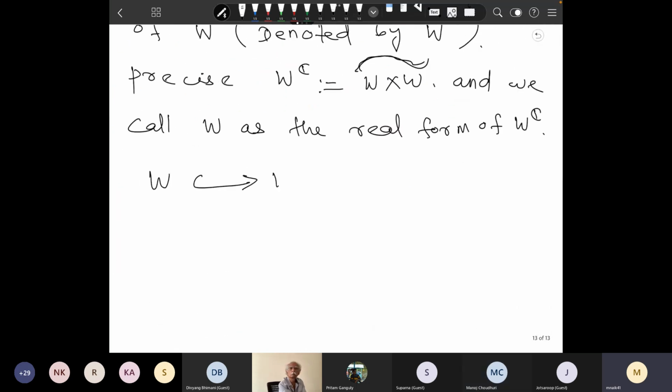So W has an embedding inside W_C by W going to (W,0).